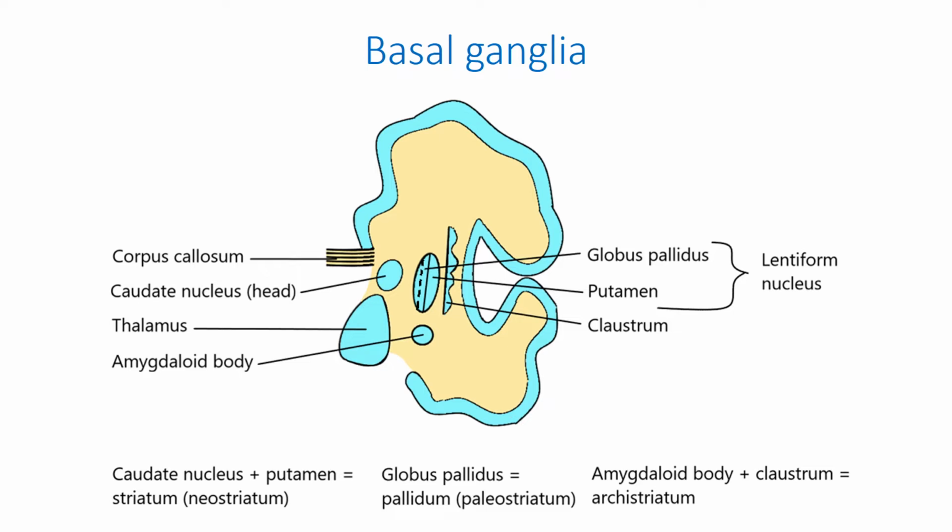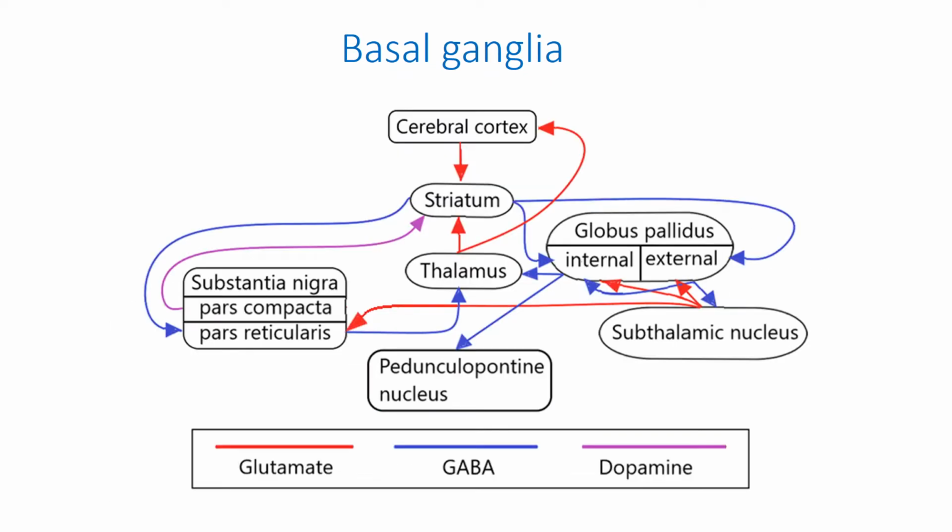Phylogenetically, the amygdaloid body and claustrum are archistriatum. About 25% of neurons in the striatum are medium-sized GABAergic ones with extensive spherical or ovoid dendritic fields. They are called medium spiny neurons or spiny projection neurons.